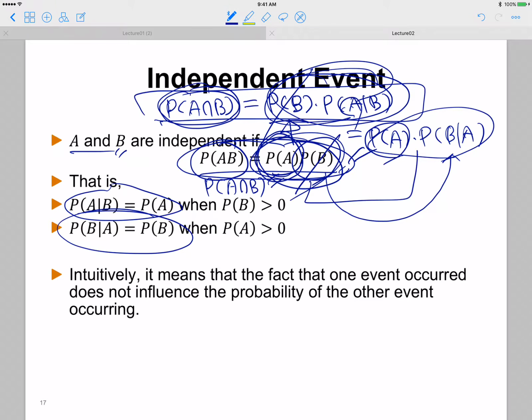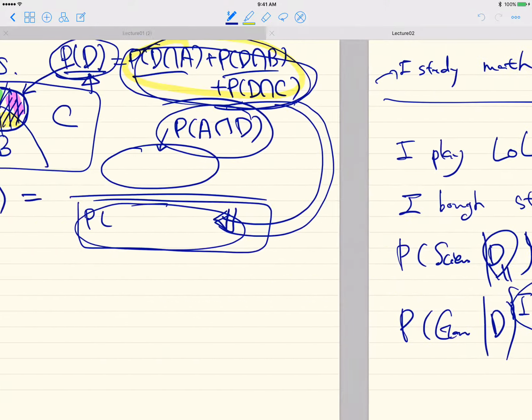So intuitively, it means that the fact that B has occurred doesn't change the original probability. This is the meaning of this equation. And yeah, so this is the independent event situation.